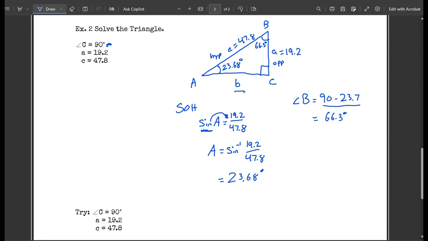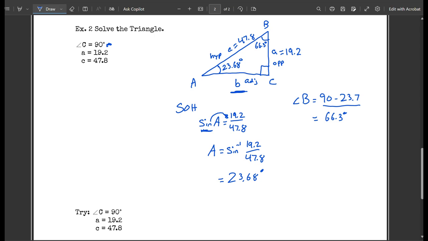Next, we're going to find our last and final piece, side B. Let's figure it out in reference to angle A. In reference to angle A, this is the adjacent. So we can use the adjacent and the hypotenuse, or the opposite and the adjacent, and our angle 23.68 to figure out what side B is.